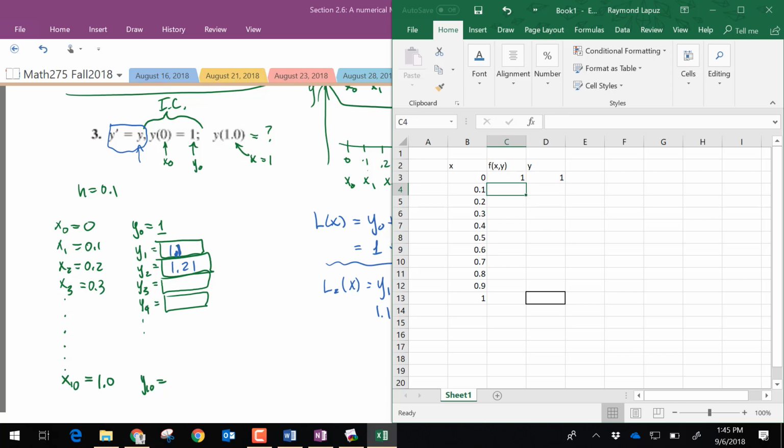That's just equal to y. Now, if I click and drag this, it's going to give me zeros because I don't have any values for this yet. But this is the next value that I want. So how did I get y1? I got y1 by looking at the previous y.